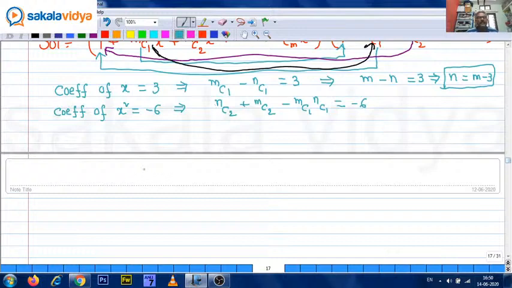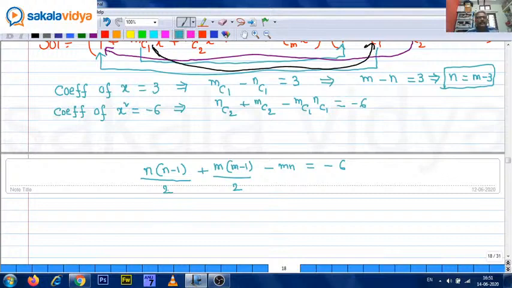Here nC2 is n into n minus 1 upon 2, plus mC2 means m into m minus 1 upon 2, minus mC1 is m, nC1 is n, mn equals minus 6.